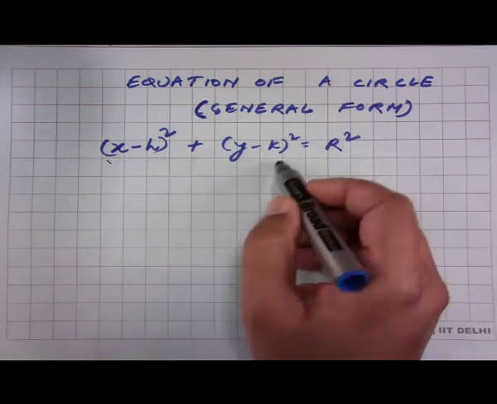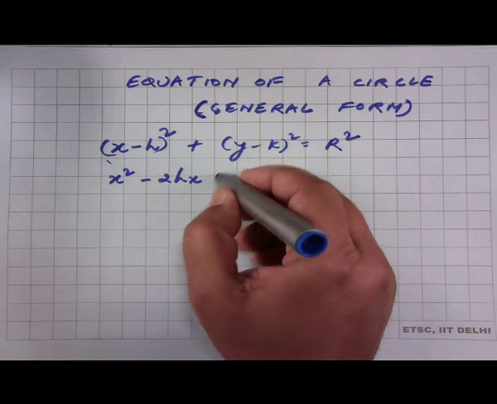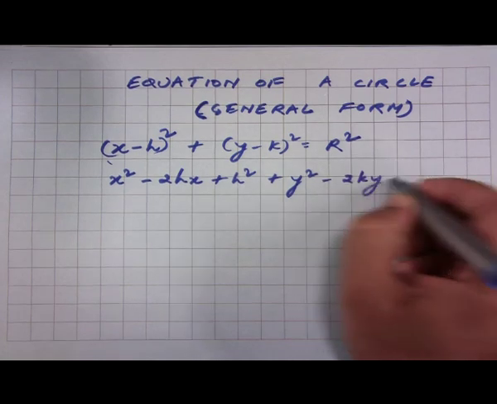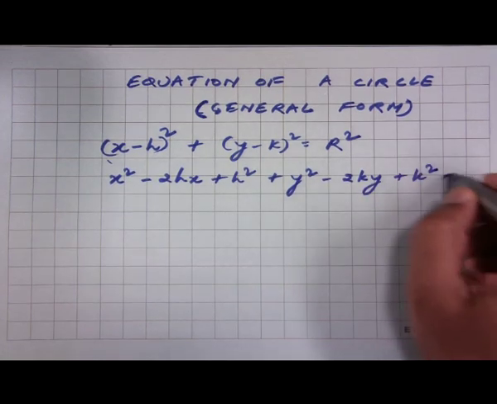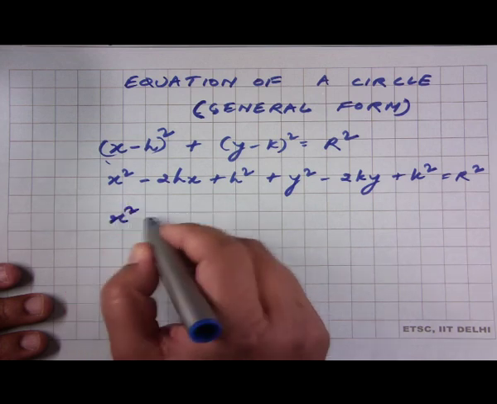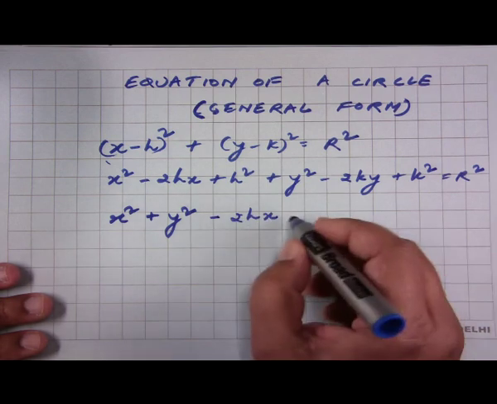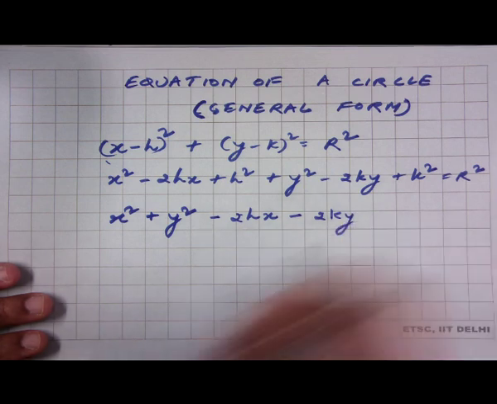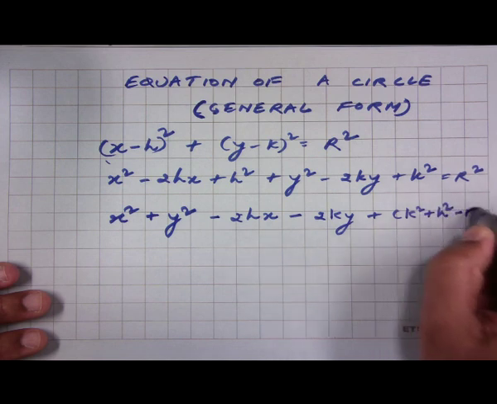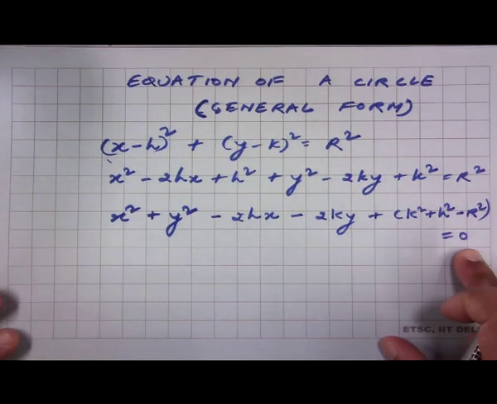But if we open up these squares, we get x square minus 2 hx plus h square plus y square minus 2 ky plus k square equals r square, or x square plus y square minus 2 hx minus 2 ky plus h square plus k square minus r square equals 0.